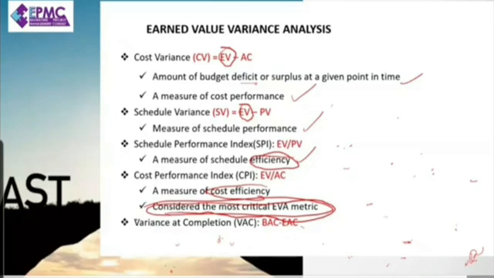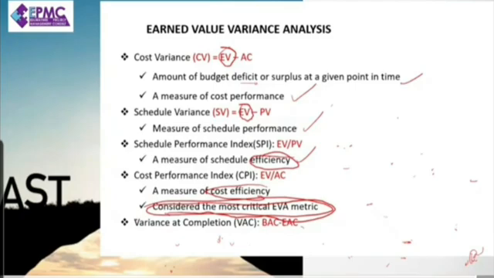You have techniques you could use to catch up, to get back on track. And those techniques also might affect your budget. So you might want to look at the time and also look more at your cost. So we say that the CPI metric is the most critical EVA metric. Please take note, you can have questions on that.